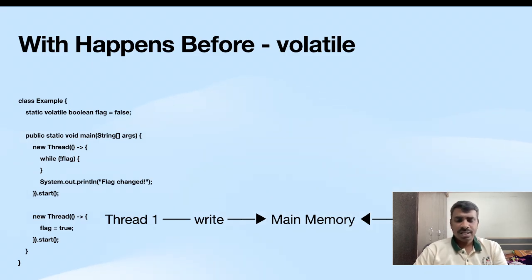Since the volatile keyword maintains the variable in the main memory, threads will not keep it in the cache. All threads will directly access it from the main memory. So this is how we can achieve happens before with the help of the volatile keyword.